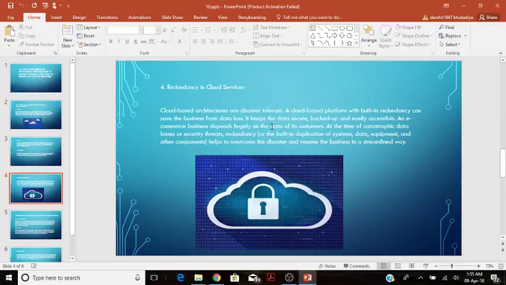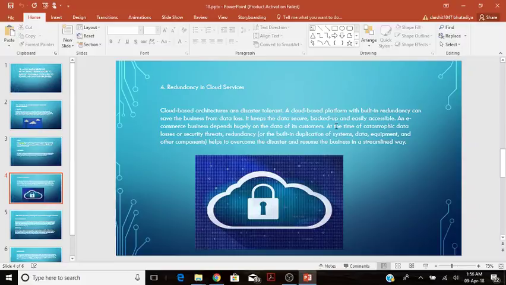The redundancy in cloud services. Cloud-based architectures are disaster tolerant. A cloud-based platform with built-in redundancy can save the business from data loss. It keeps the data structure backed up and easily accessible. So it automatically backs up your data, right?